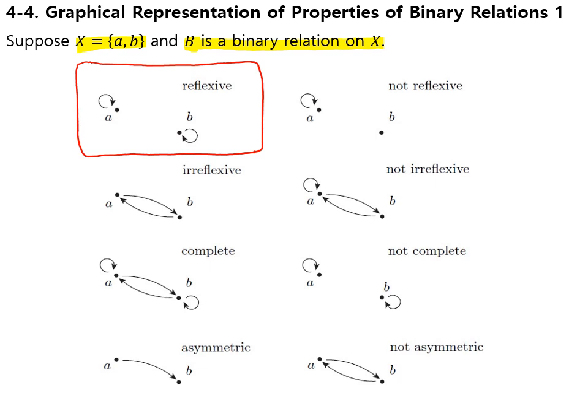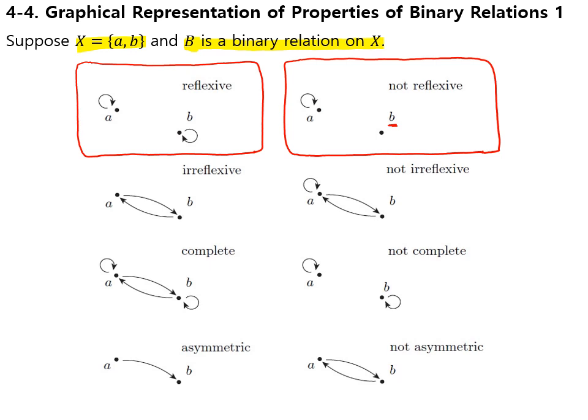So it is reflexive. But now, consider the picture over here, the second picture. This is not reflexive. And why is it not reflexive? The main reason is that there exists an element B that is not related to itself.